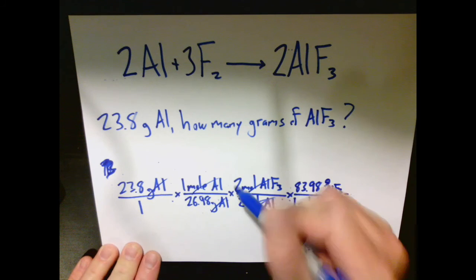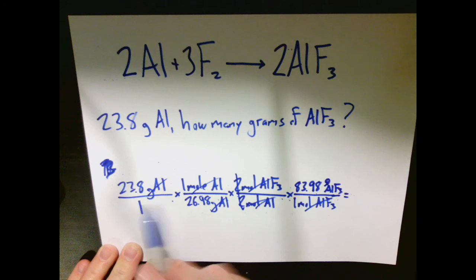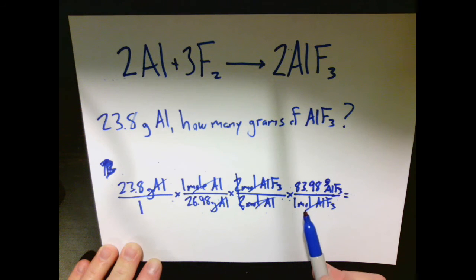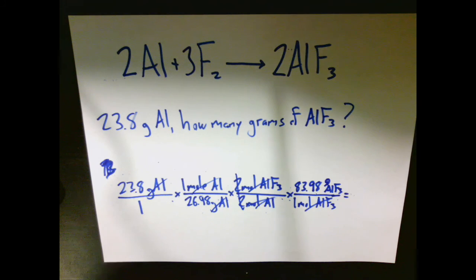So here then, you do the math. These 2's cancel out. Makes it a little easier. 23.8 times 83.98. That product divided by 26.98. So feel free to pause here if you want to calculate.